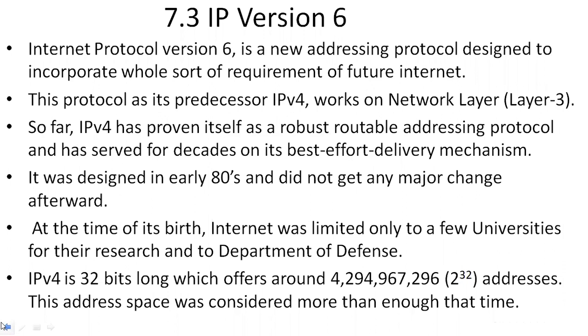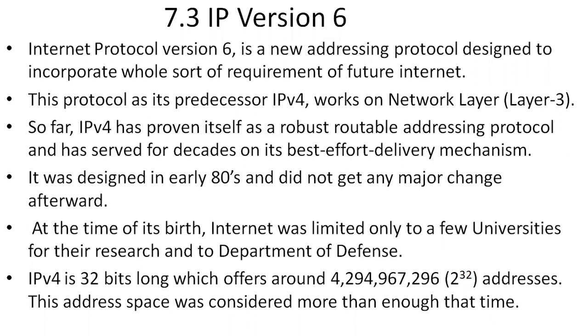So, the proposal. Okay, so the internet protocol version 6 is a new addressing protocol. It is a new addressing protocol which is designed to incorporate the complete details or recommendations for the future internet. That means, what are the drawbacks or limitations we are facing with IP version 4?